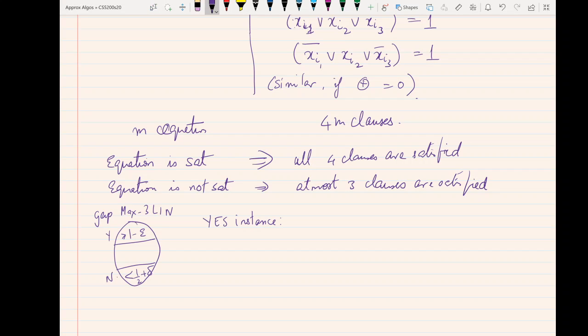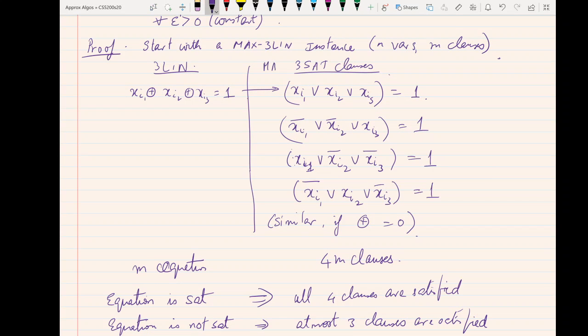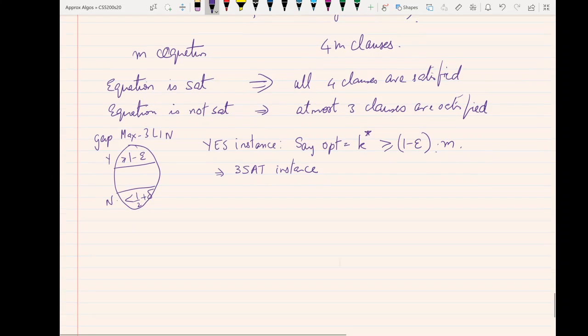So the opt, let us say k star, and we know that k star of the equations are satisfied by some assignment, and k star is greater than or equal to 1 minus epsilon times m, the total number of clauses. This implies that the corresponding 3-SAT instance, or say Max 3-SAT, I should call this, because we are trying to maximize the number of satisfied clauses.